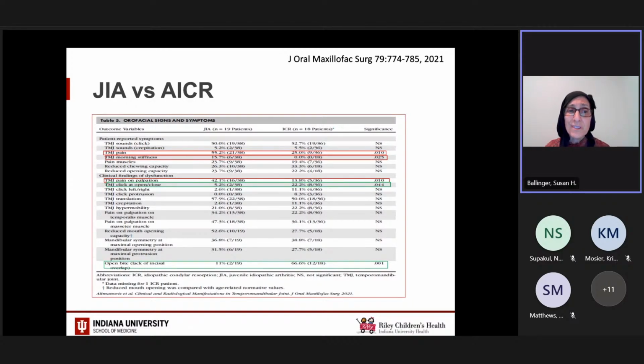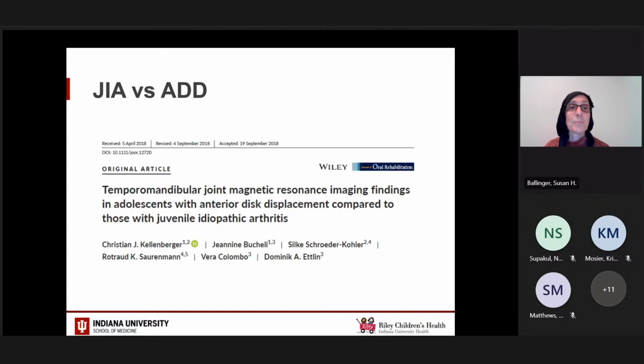So again, there are some things that you can look at in terms of differentiating these kids. You'll notice that most of these differences in terms of these patients are either exam findings or history findings. And then anterior displacement of the disc. Dr. Matthews spoke about the surgical implications of that, and certainly some of these kids.